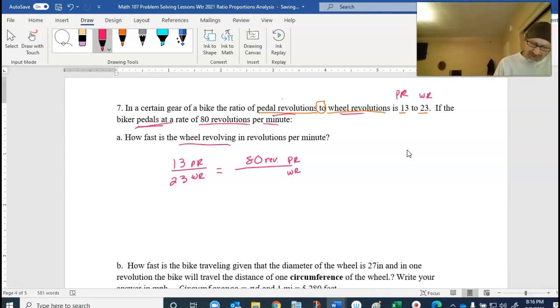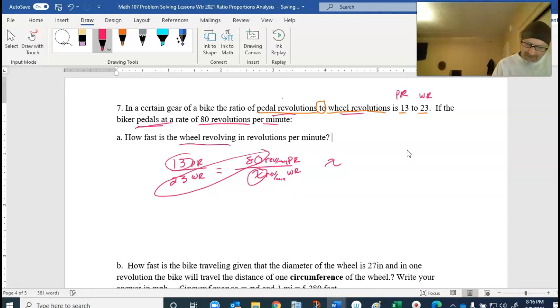This will be 80 revolutions per minute. This will give us the same x revolutions per minute, really here, right? Revolutions per minute and revolutions per minute. And so how do we solve for x? We cross multiply 80 and 23 and divide by 13.